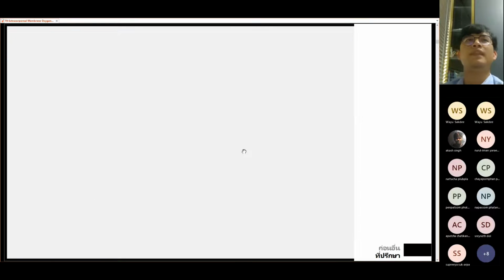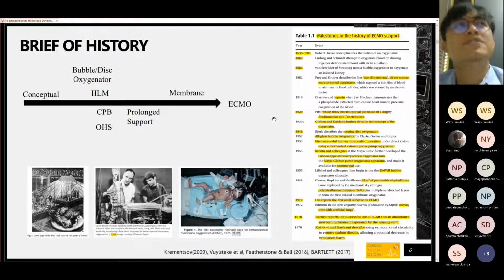Okay. So I would like to talk a bit about how ECMO became part of modern medicine. It's actually parallel to the history of CPB development.